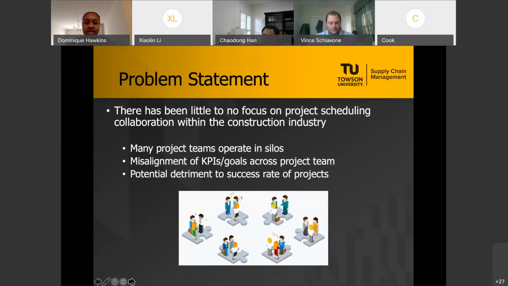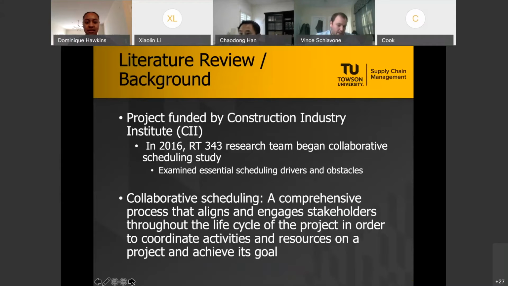Kind of what I touched on before about wanting a team that's always aligned and working collaboratively towards the same goal. And lastly, not collaborating is definitely a potential detriment to the success rates of a project. Next slide.